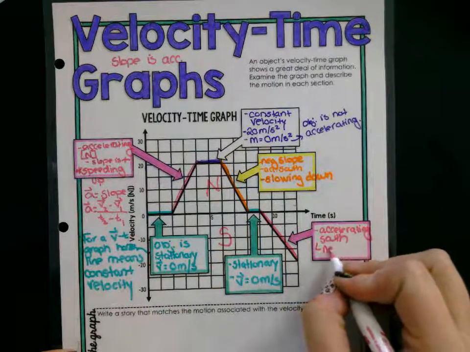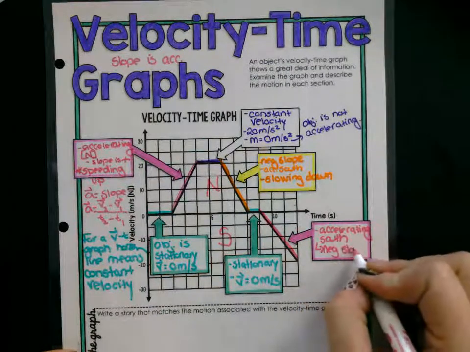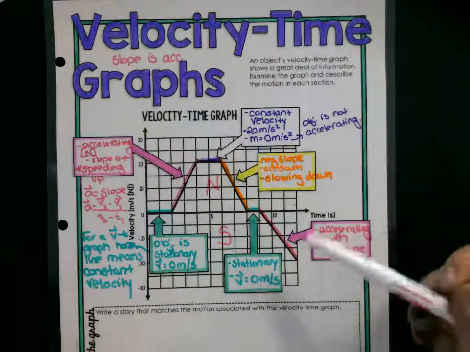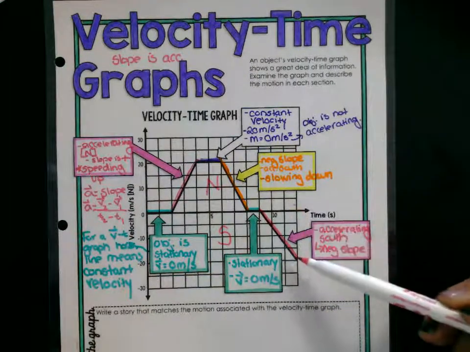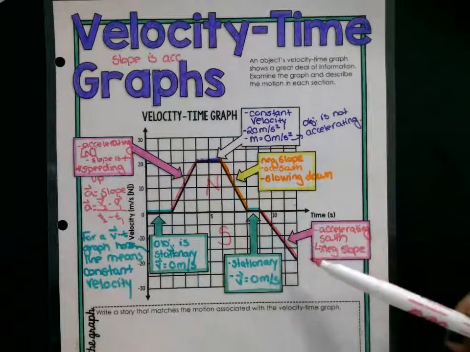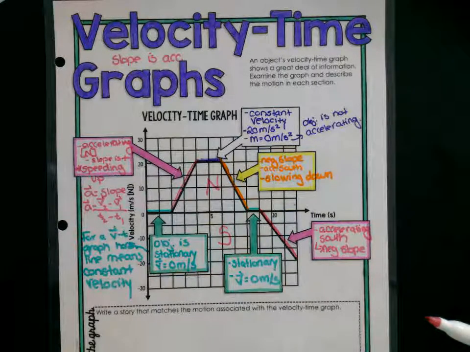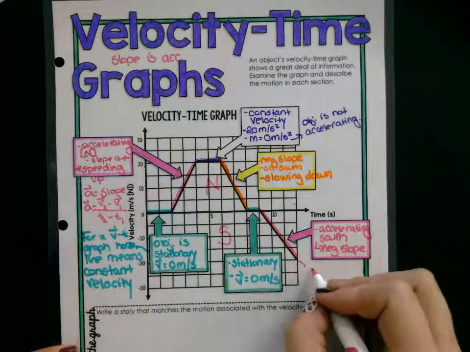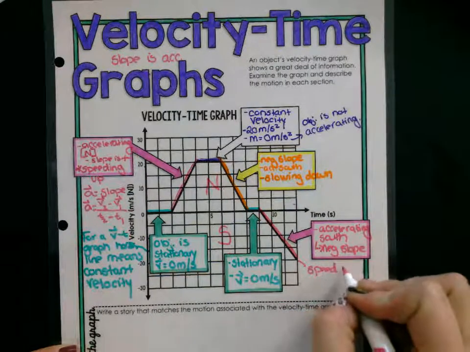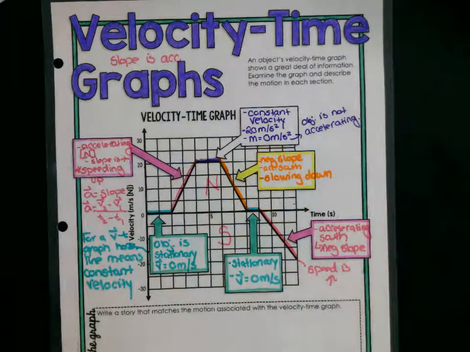We again have a negative slope, but when that negative slope is below the x-axis, it just means we're accelerating in the southward direction. So speed is increasing.